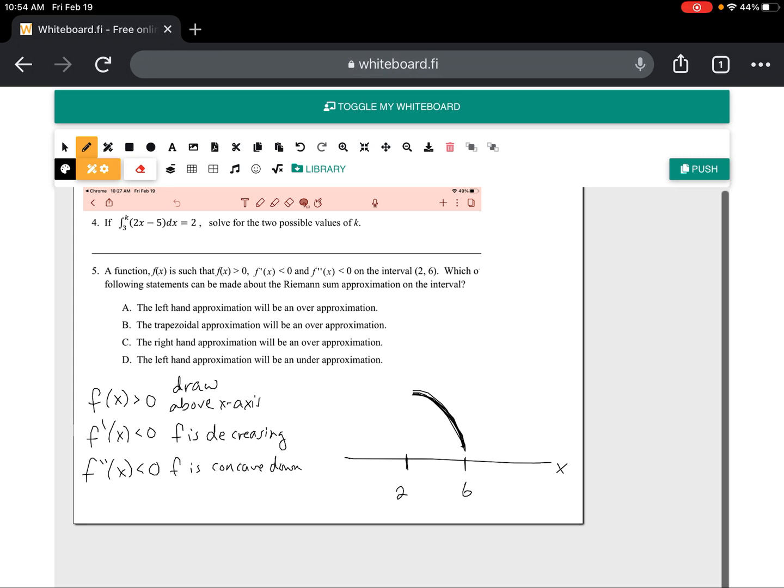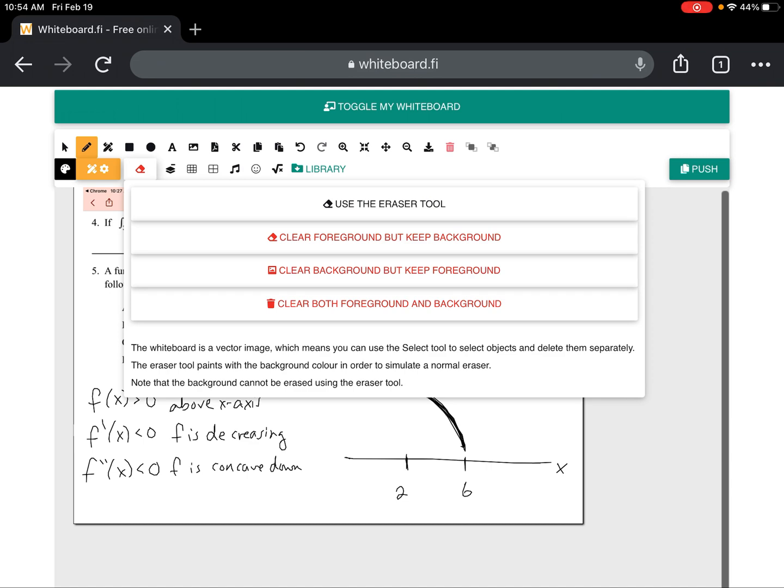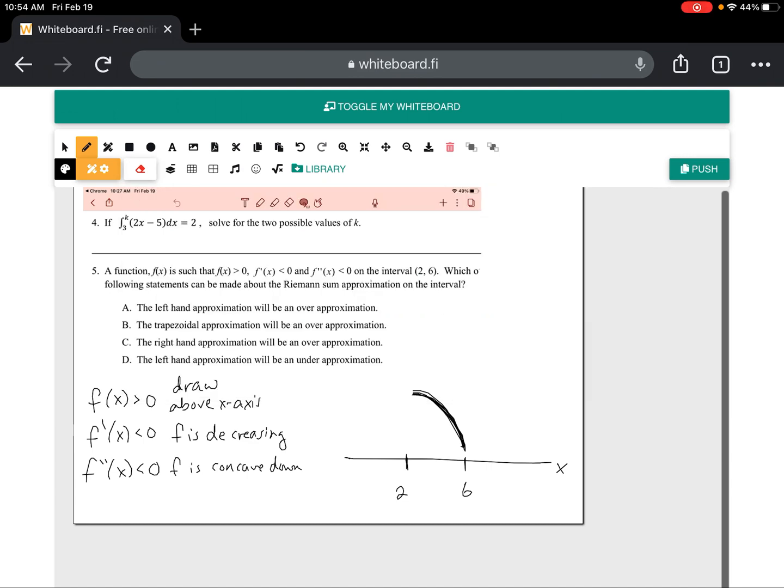Okay, so I'm going to have that same picture 3 times. Draw it there, I'll draw it here, and I'll draw it here. Okay, this is going to be a left hand. Left-hand approximation means you start on the left side and draw straight up until you get to your function.